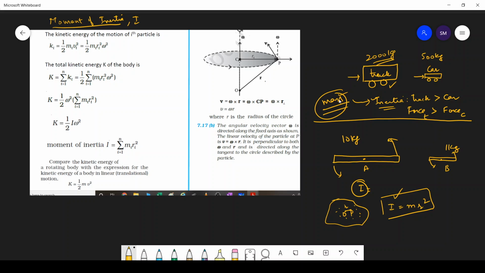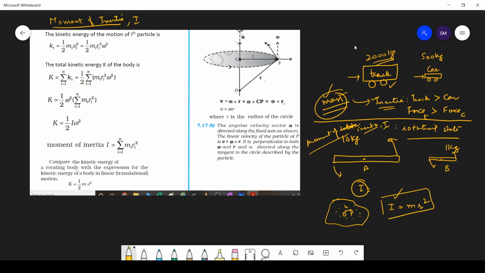So the role that the mass was playing in translation motion, the same role moment of inertia plays in rotational motion. So moment of inertia doesn't want the rod or any extended body to change its rotational state. So moment of inertia means we are not talking about translation, we are talking about rotational state.